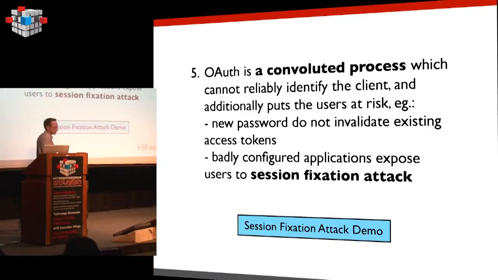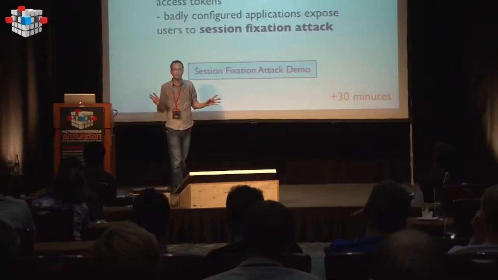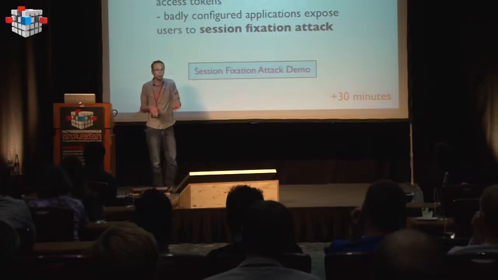I think that OAuth is a pretty complicated process, and we've shown that it's not able to reliably identify the client. And additionally, it puts the user at risk. Imagine somebody who is a Twitter user, but is not a hacker or a programmer. He loses his iPhone. He will change his mail password so that the thief will not be able to use the mail.